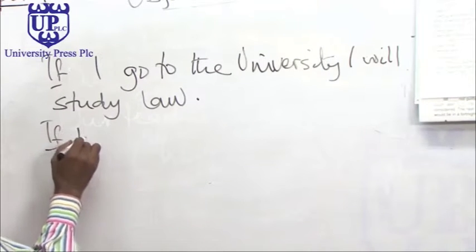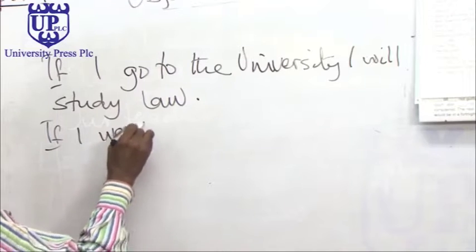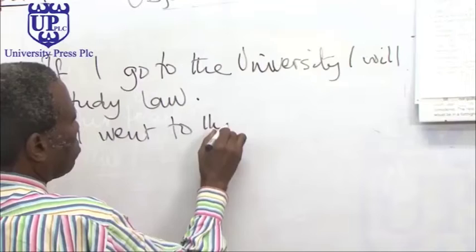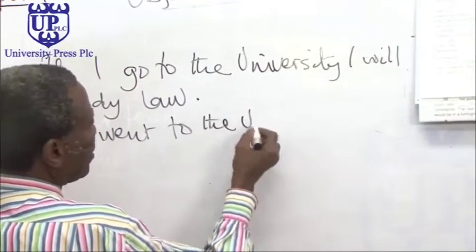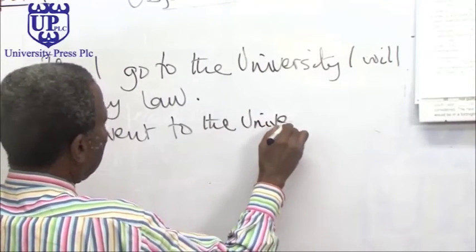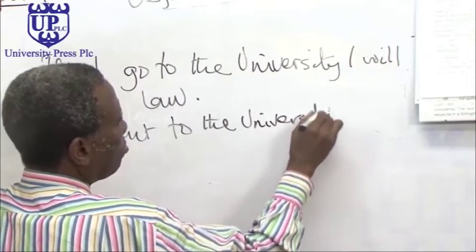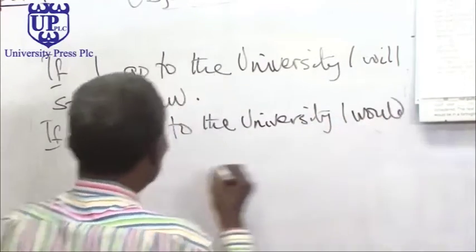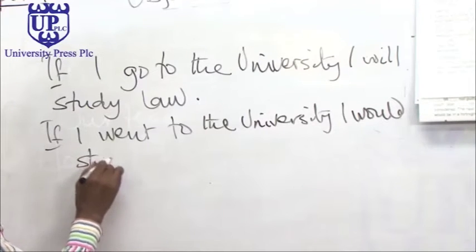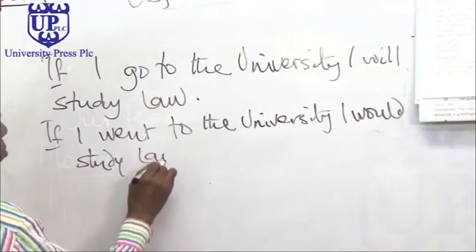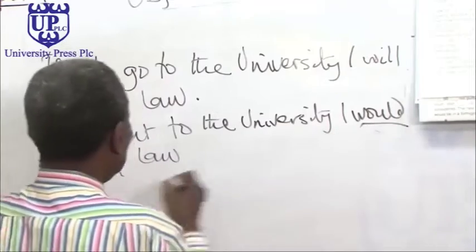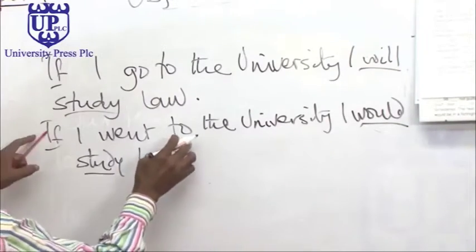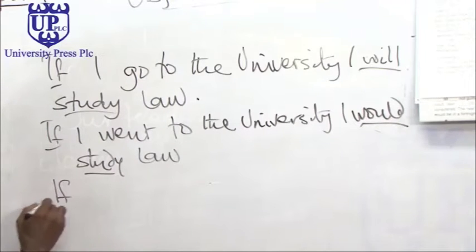Second one is if I went to the University of Lagos, or to university anyway, can be anywhere, I would study law. Remember, would study, will study, changes. This is unlikely. And the other one is the impossible one.